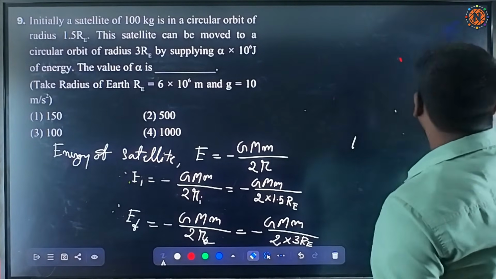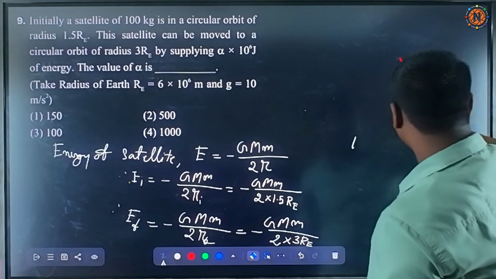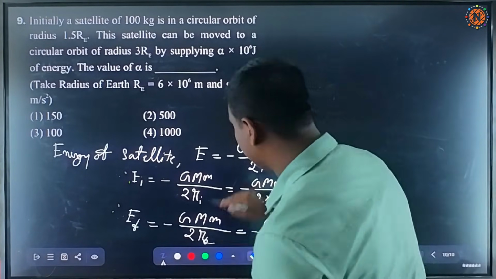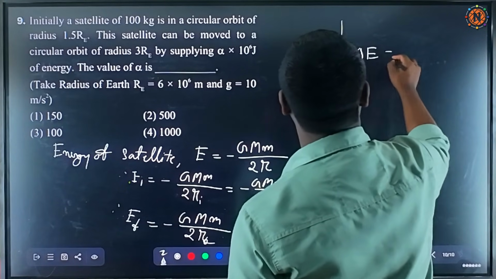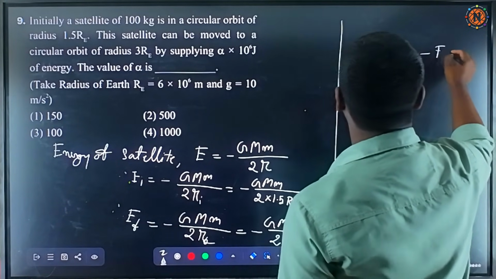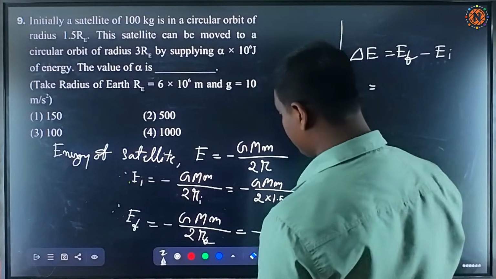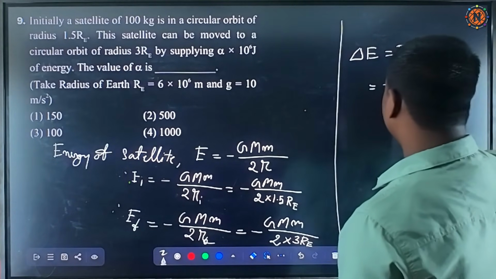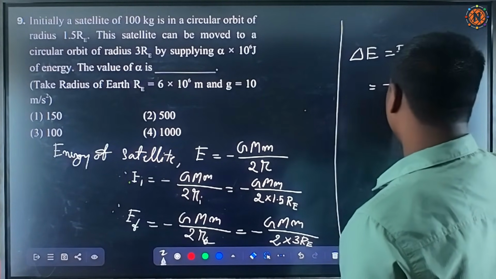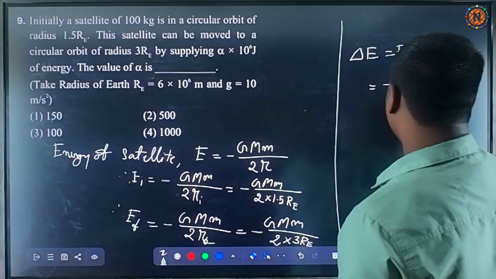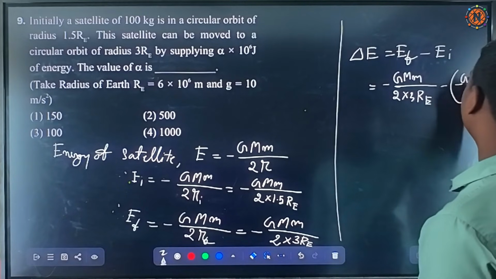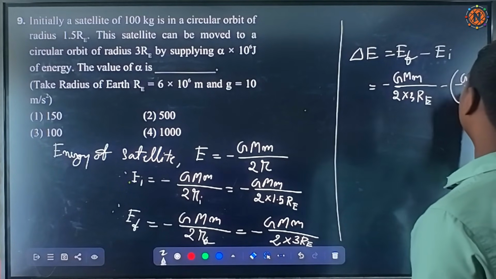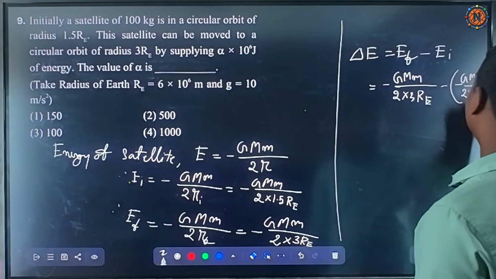required energy to move the satellite from initial orbit to final orbit, that is nothing but what? That will be delta E. Delta E is nothing but final energy minus initial energy. So take it minus GMm by 2 into 3 Re minus, and initial energy will be minus GMm divided by 2 into 1.5 Re.